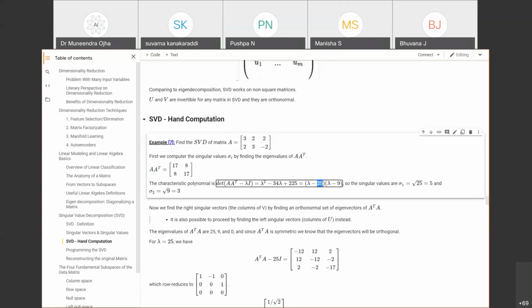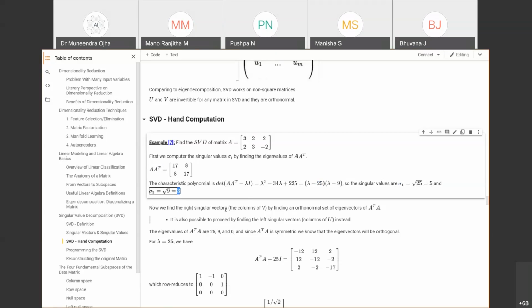However, in your case, it might not always be possible to get perfect squares. Since they are perfect squares, the square roots are 5 and 3 respectively. So the first singular value is 5 and the second singular value is 3. I call 5 the first because I want the first one to be the maximum, and the second maximum is 3.